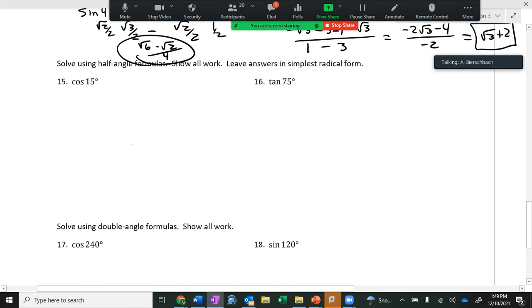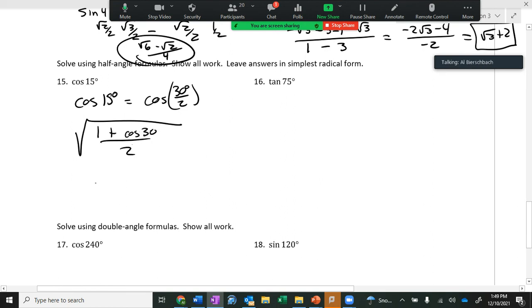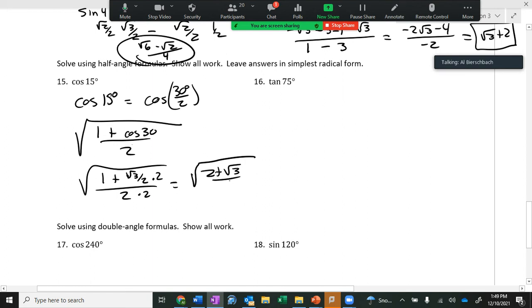Okay, try that again. Cosine of 15 degrees is the cosine of 30 degrees over 2, which is the square root of 1 plus the cosine of 30 degrees over 2, which is the square root of 1 plus square root of 3 over 2 over 2, which is, if we multiply top and bottom by 2, the square root of 2 plus the square root of 3 all over 4.